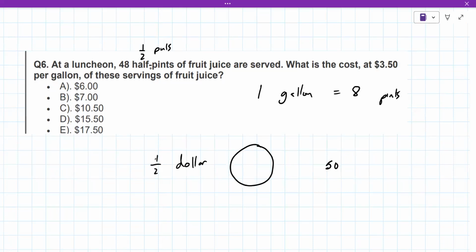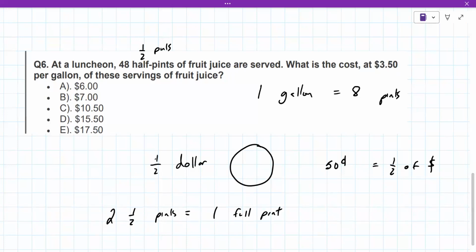Well, it's 50 cents, right? It's exactly 1/2 of a dollar. So it takes two of those to equal an actual dollar. So it takes two half pints to equal one full pint. All right. So when it says 48 half pints, that's 24 pints.